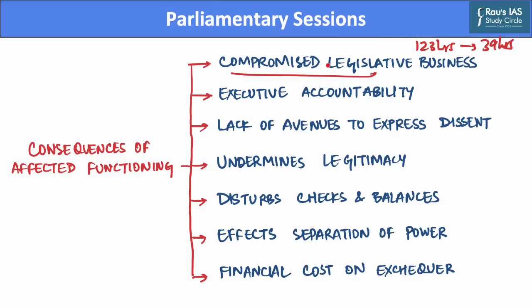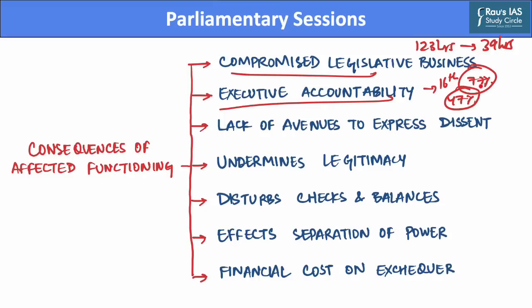Further, it affects the ability of the parliament to hold the executive accountable. In the 16th Lok Sabha, which was the last Lok Sabha, the question hour functioned only for 77% of its scheduled time, whereas in the Rajya Sabha, the question hour functioned for about 47% of its scheduled time.